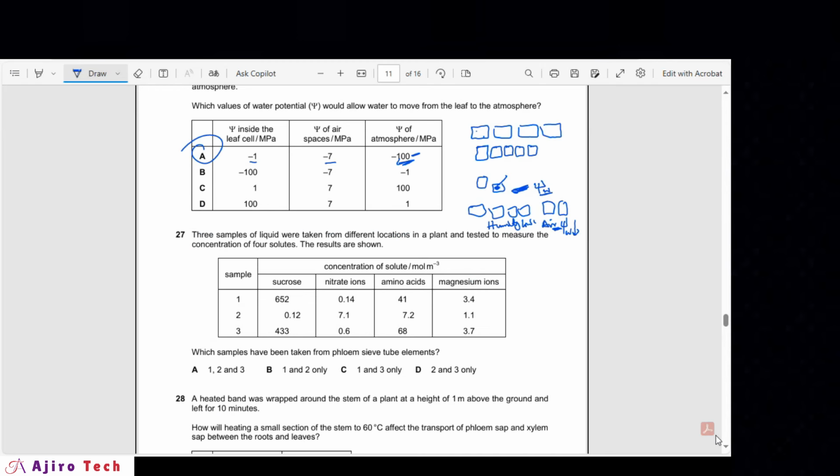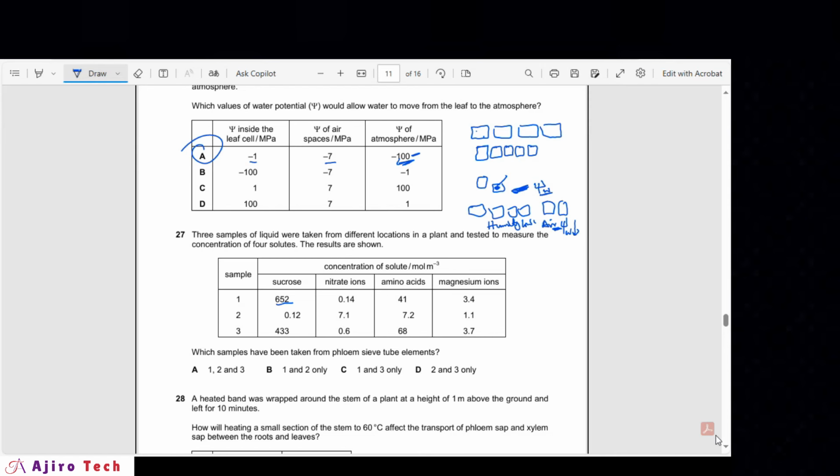So that's the answer. Next question, 27. Three samples of liquid were taken from different locations in a plant and tested to measure the concentration of four solutes. The results are shown. We have concentration of solutes in mole per meter cubed. So we have sample 1, 2, 3. This one contains sucrose.